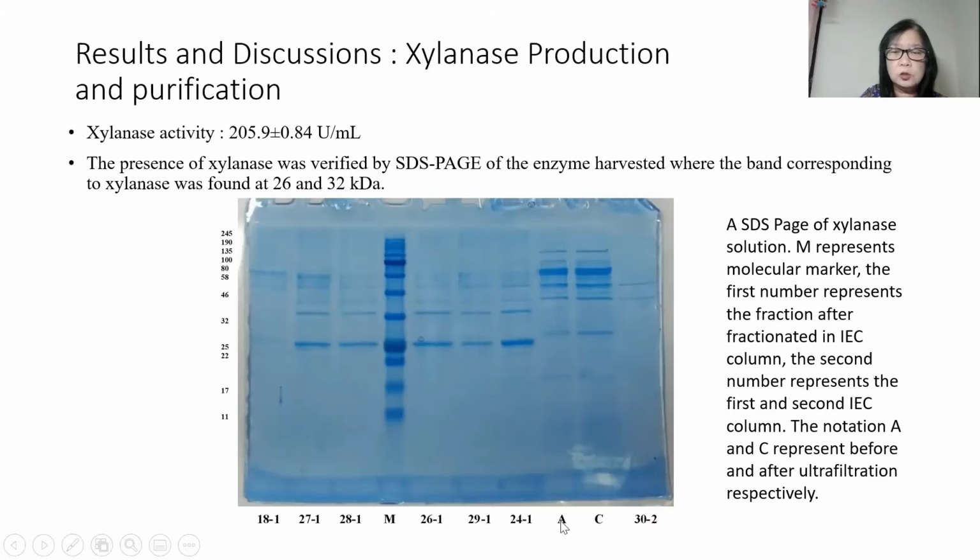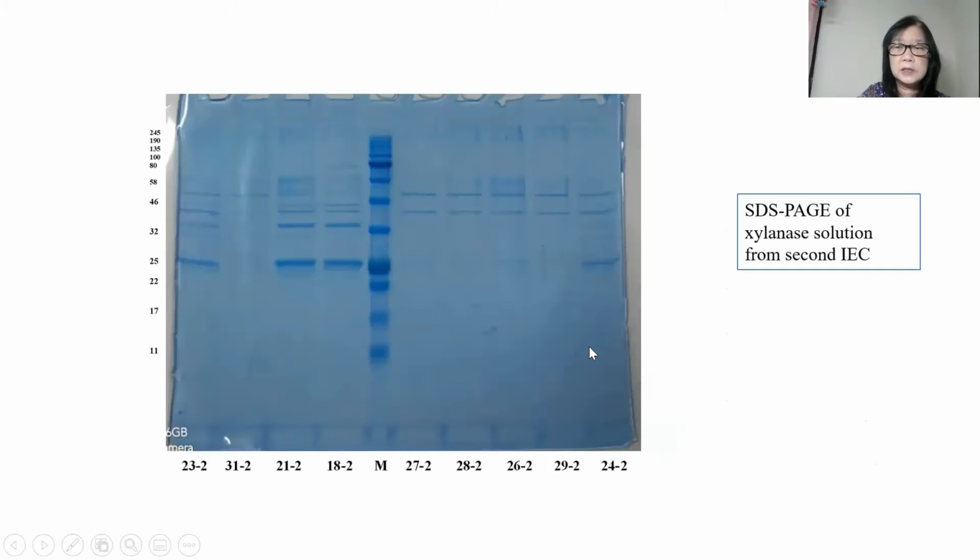The notations A and C represent before and after ultrafiltration, and we can see we get the Xylanase here. This is also the SDS-PAGE of the Xylanase solution from the second ion exchange chromatography. We can see we get the Xylanase here and here, because the size of the Xylanase as a protein is about 26 to 32 kilodalton.